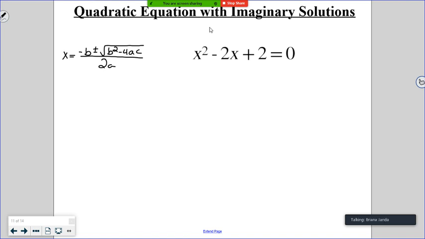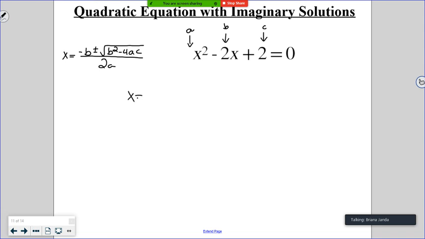When we see the letters a, b, and c in there, a refers to the number that is in front of your x squared term. b refers to the coefficient of your plain x term. c is always the constant. It does have to be equal to 0, so make sure that you always have it equal to 0 before you start this process of identifying a's, b's, and c's. So using our example, a would be 1, b would be negative 2, c would be 2.